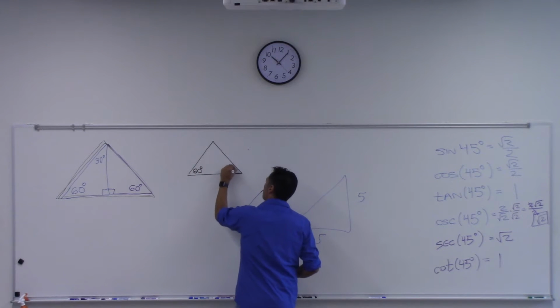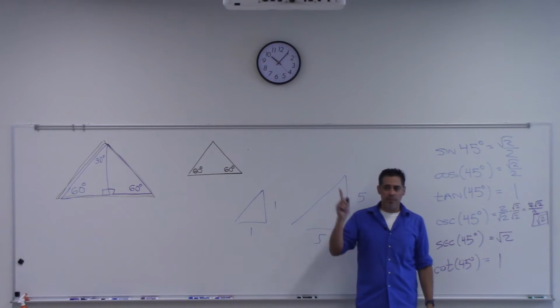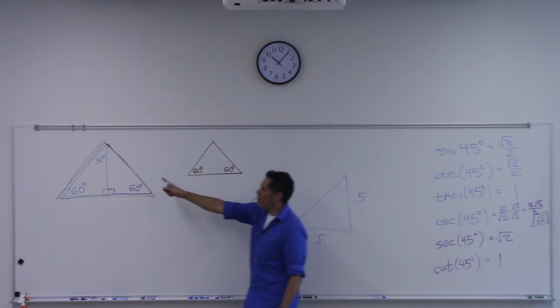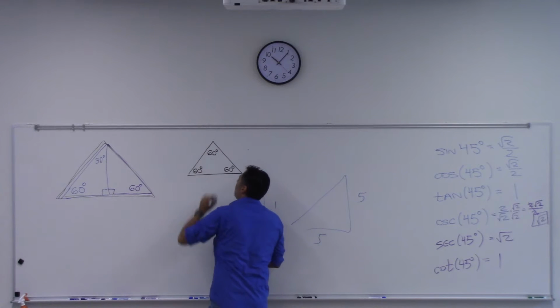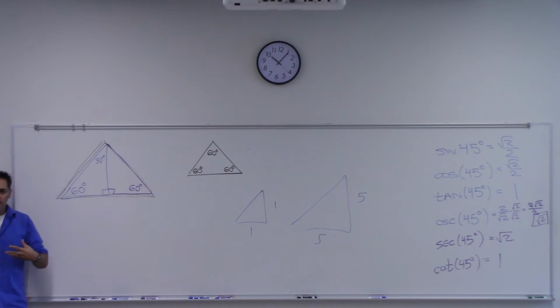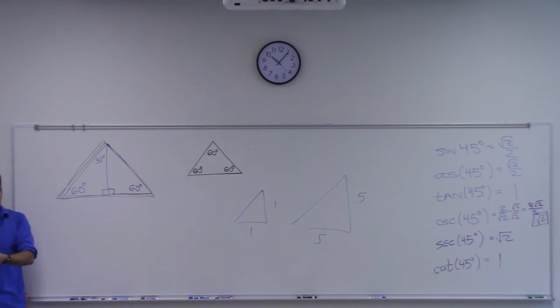This was 60 because I flipped it over. 60 plus 60 is 120, which means the remaining angle must also be 60. Or you could say that, look, this was 30 and 30, so this is 60. All the angles in this triangle that I've created are the same, which means all the sides must be the same, right? They must all be the same.